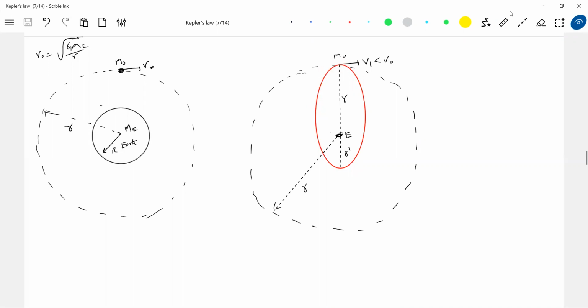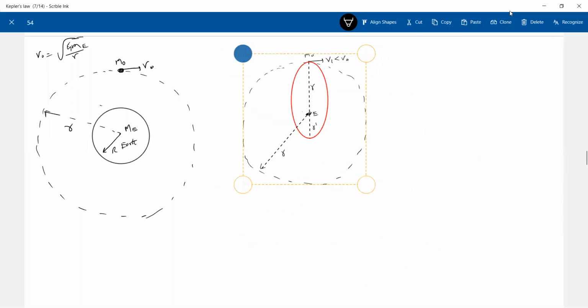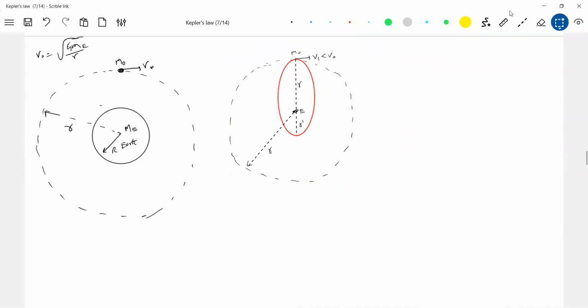Now similarly, if I increase the speed, I'll make the diagrams a little bit smaller so that I can accommodate everything in one place. Now what will be the next case?